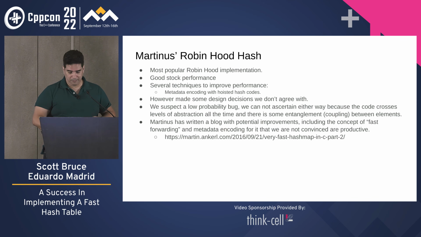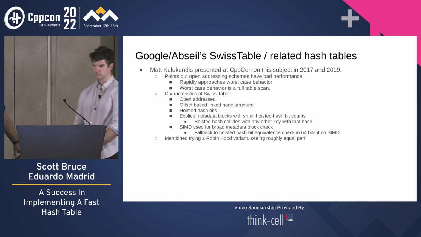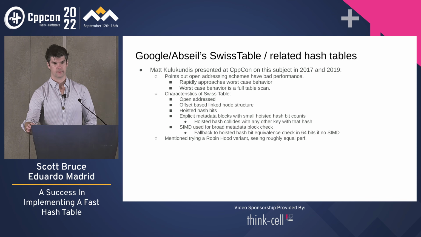And this is one property that I don't quite believe the work that Martinus did has, of clear separation of abstraction levels. The other, because Scott has been at Google, I'm going to let him tell you about the Google work on this subject.